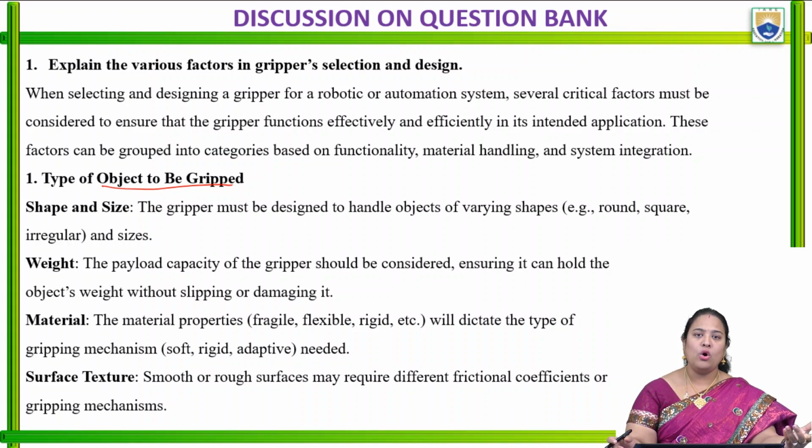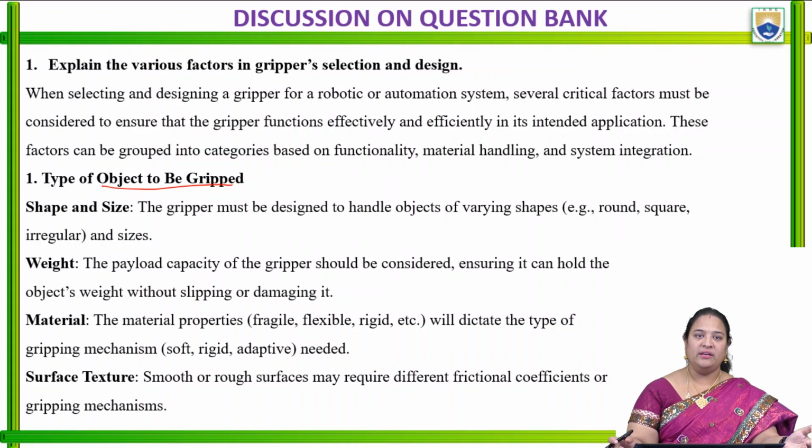Or when you go for spray painting, it is just used to hold the spray. So the size and shape keep changing. Depending upon the type of application, the type of organization or industry, or the shape and size of the object, the gripper shape will change.